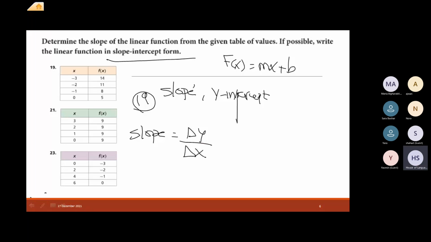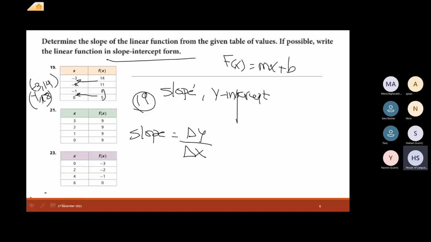Let's take any two values of y. But remember that if you take this y, you must take its x. You must take the pair. Which two numbers do you want to take? Okay, this pair, -1 and 8, and they give me another one, -3 and 40.